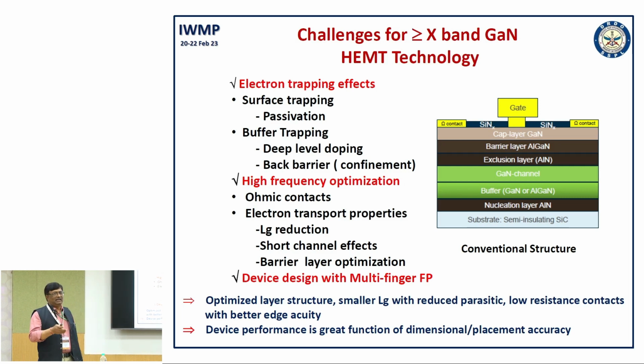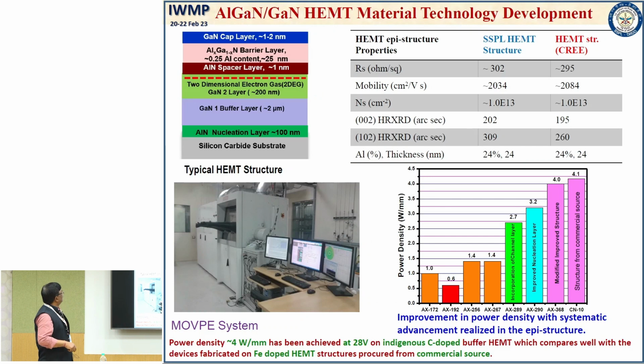Normally the gate is placed towards source to have very low source resistance, but if you are doing this with electron beam lithography on silicon carbide substrate, the placement is very tricky, and you have to have very good process control to have the placement accuracy. So, all those things affect your device performance greatly. I will briefly discuss those also.